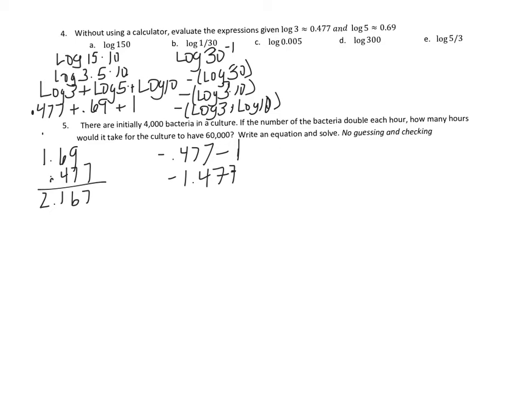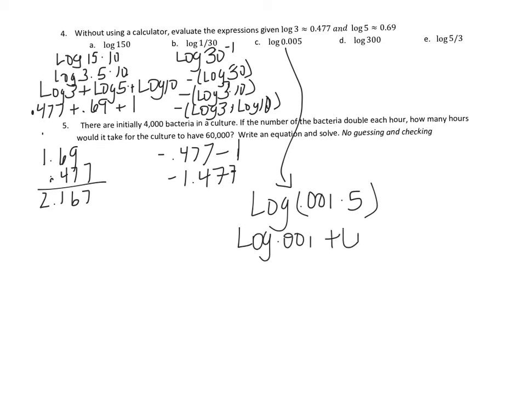The log of 0.005, let's just move here so we have more space. The log of 0.001 times 5, and that's the log of 0.001 plus the log of 5, which is 0.69.